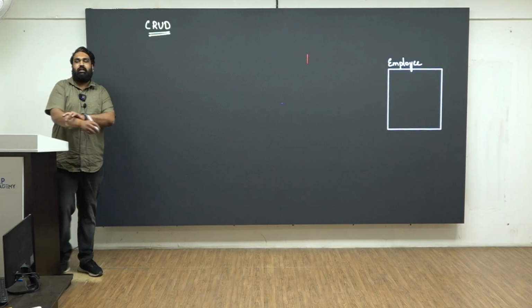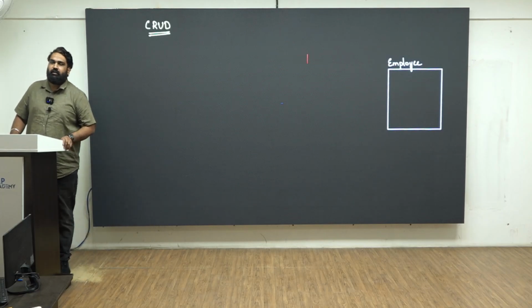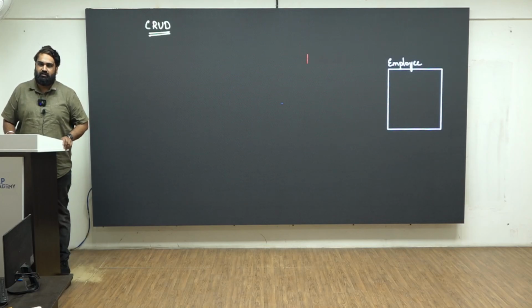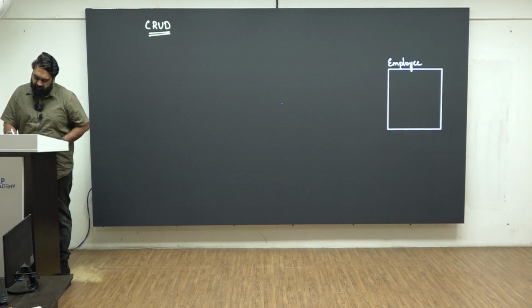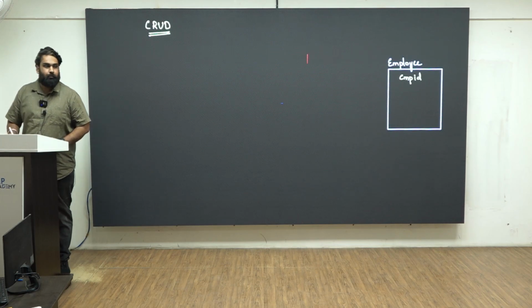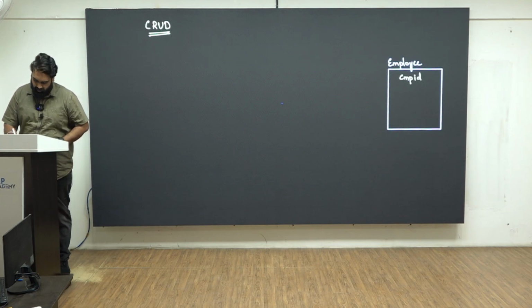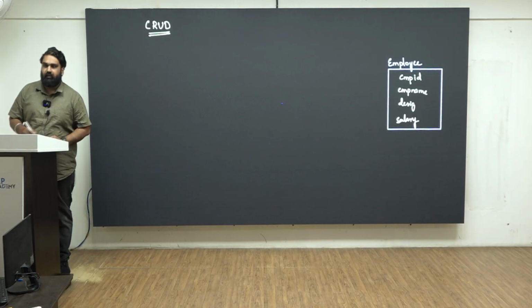Sir, how will I perform CRUD operations using Hibernate now? To help you understand, what were the various columns that I had here? I guess I had employee ID, employee name, designation, and salary.